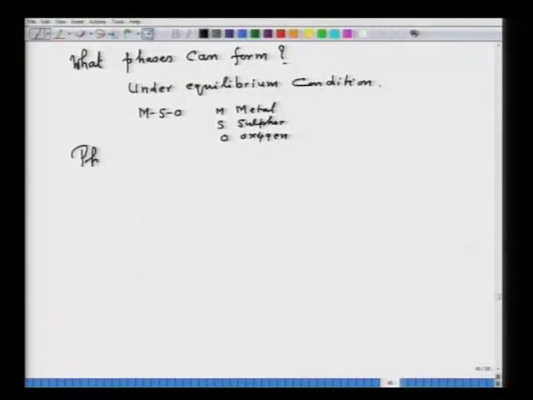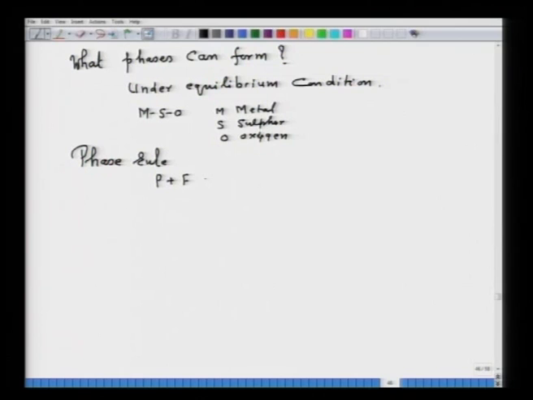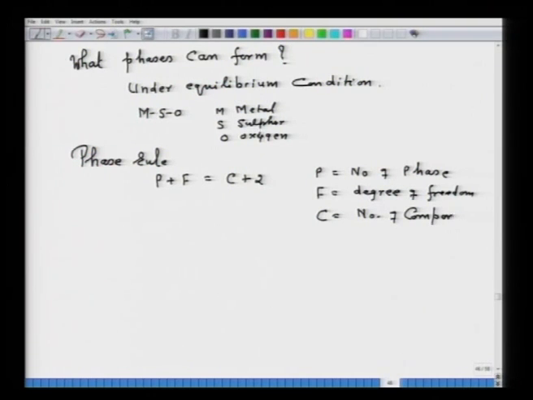I hope all of you are aware of the phase rule. That is, which parameter can be controlled so that a particular phase forms, this information can be obtained by the phase rule: P plus F is equal to C plus 2, where P is the number of phases, F the degree of freedom, and C the number of components.